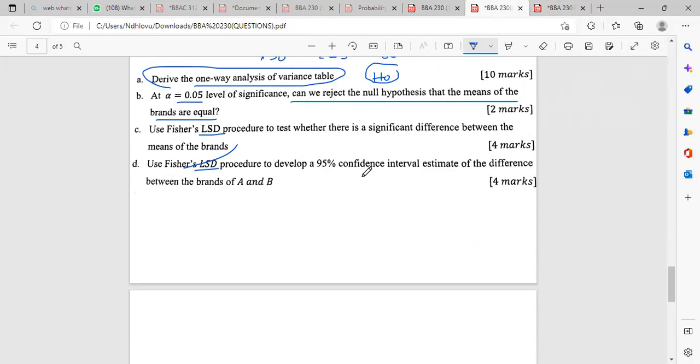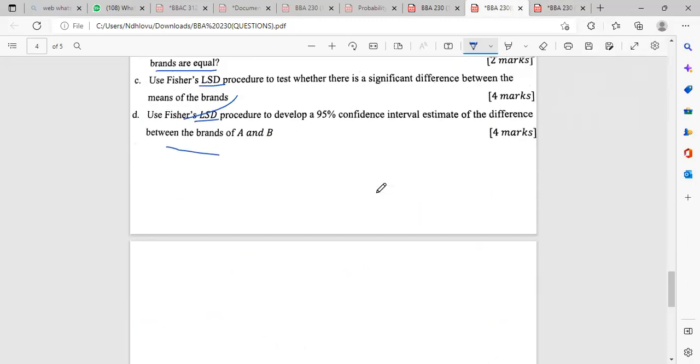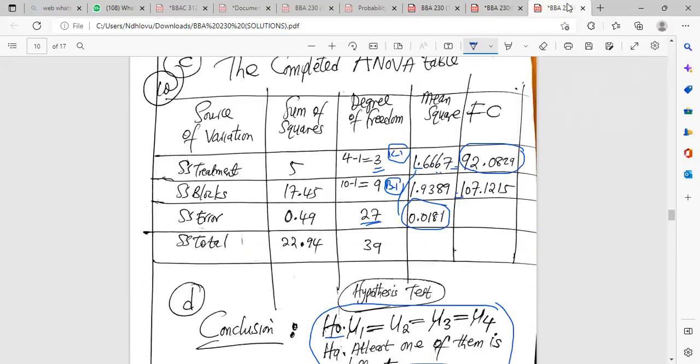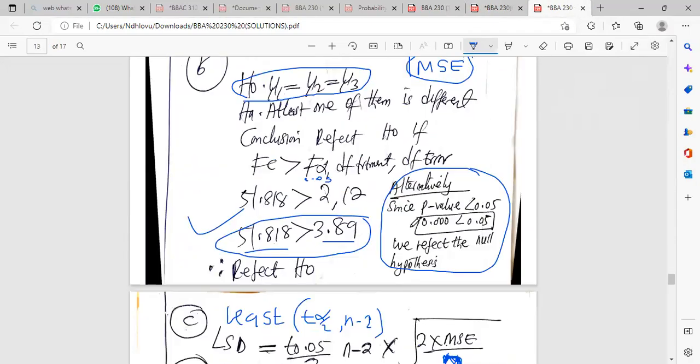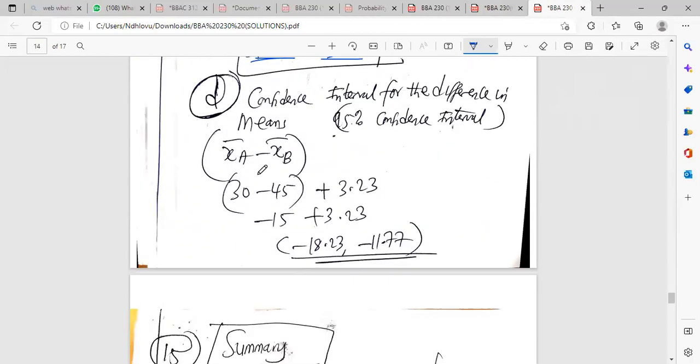I want us to find the confidence interval for the mean difference between the brands. So we are getting the value X bar A minus X bar B.